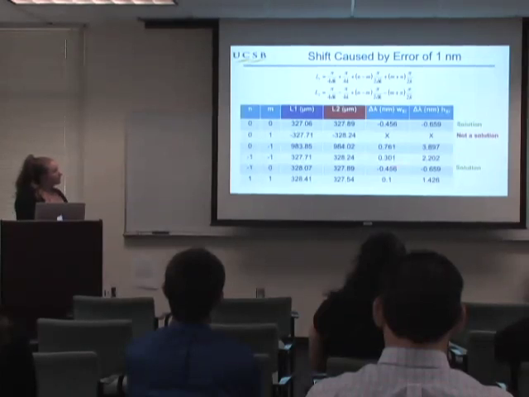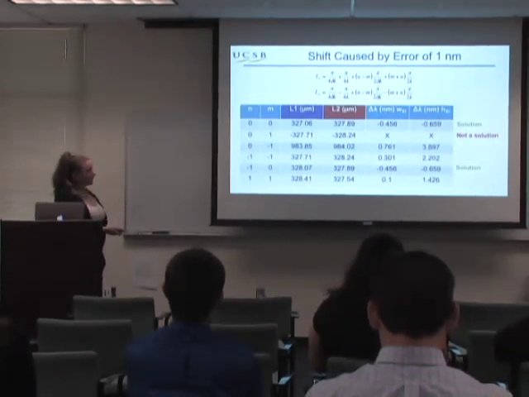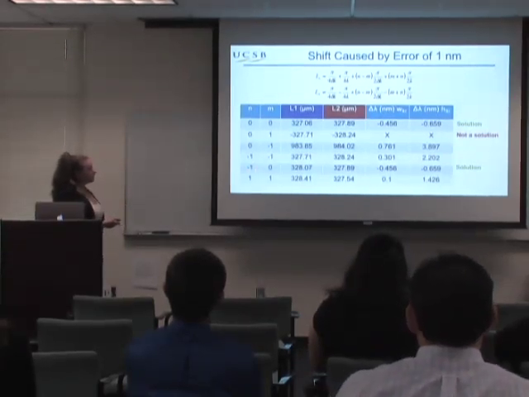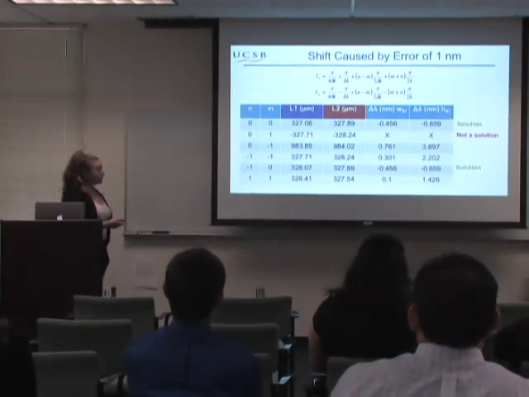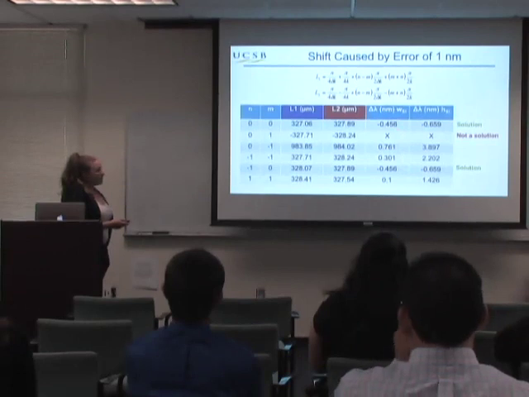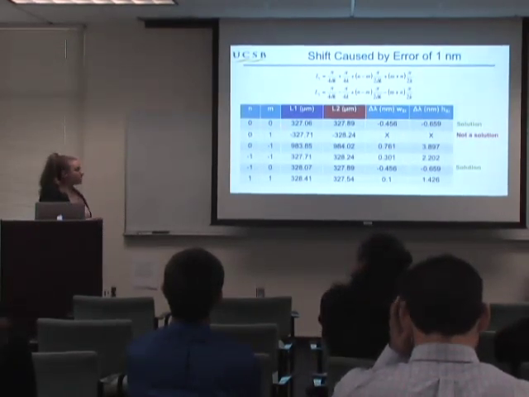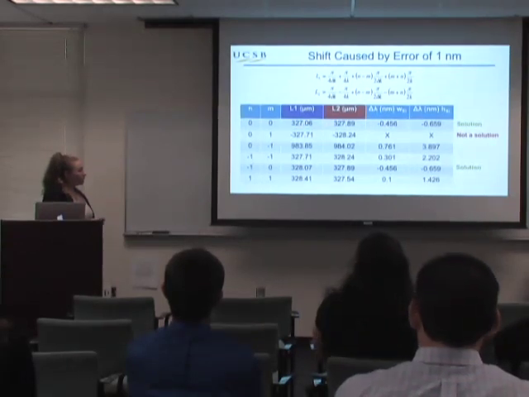We see that 0.456 and 0.659 are the smallest spectral shifts for the width and the height, and so N equals -1 and N equals 0 are solutions. We also see that we have the exact same solutions for N equals 0 and M equals 0, and so these two, L1 and L2, are also solutions.